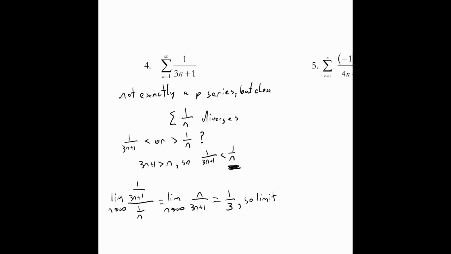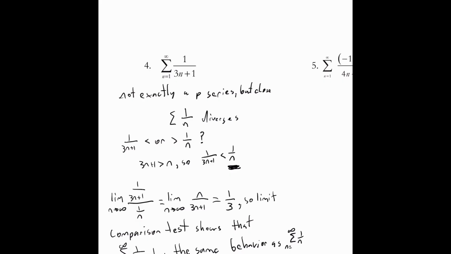So limit comparison test. I think this is sometimes just even called the limit test. It shows that this series has the same behavior as our harmonic series, which diverges.